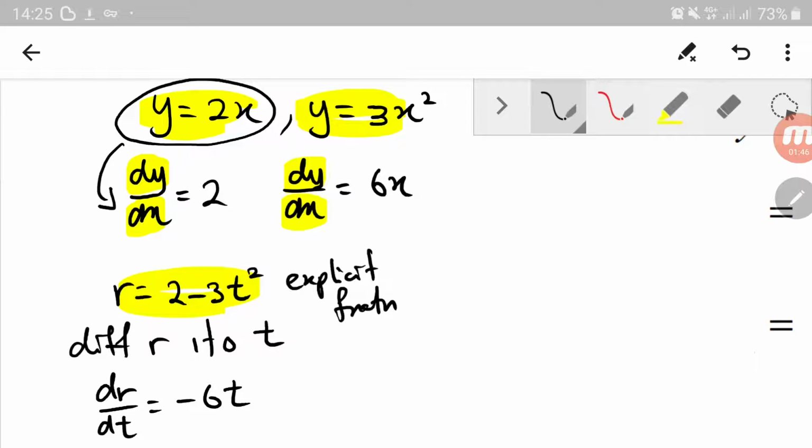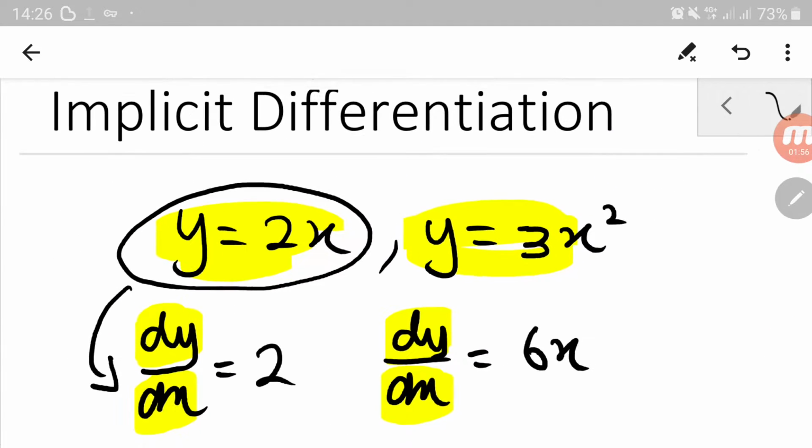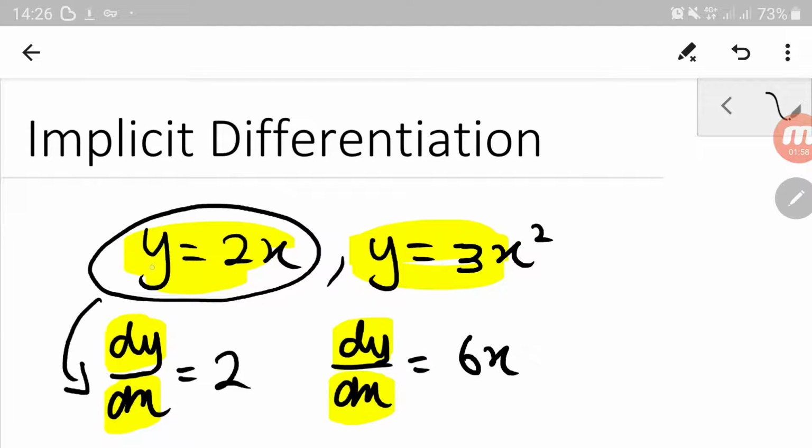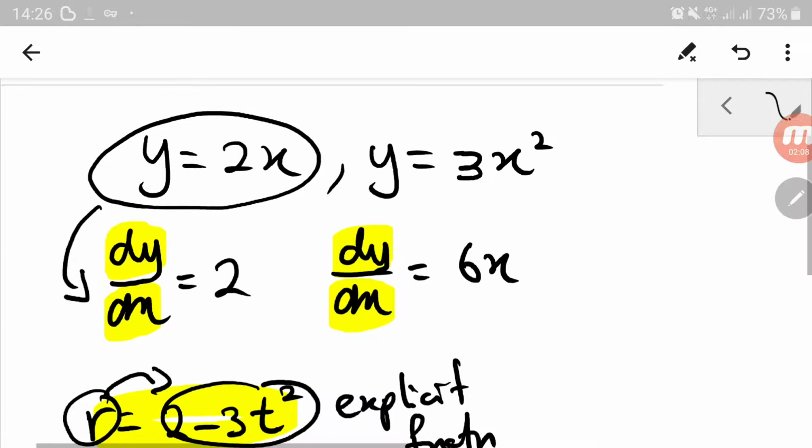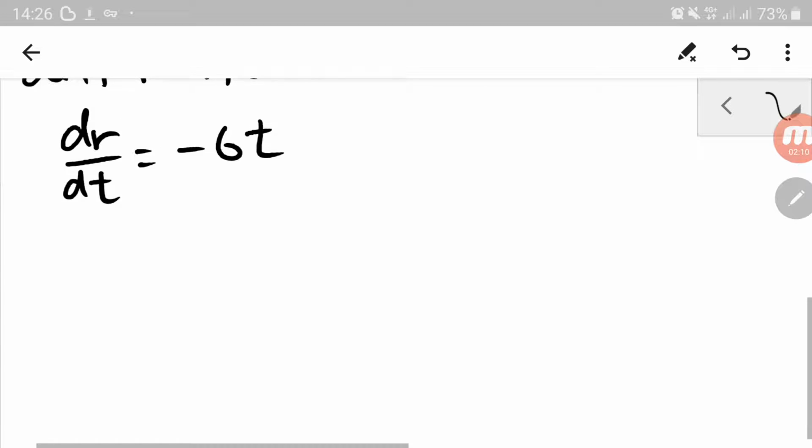Explicit function is where it's clear that one variable is in terms of another. In this case, r in terms of t, while for these two, it is a function of y in terms of x, or x in terms of y. So these kinds of functions are explicit. Now, how about this kind?